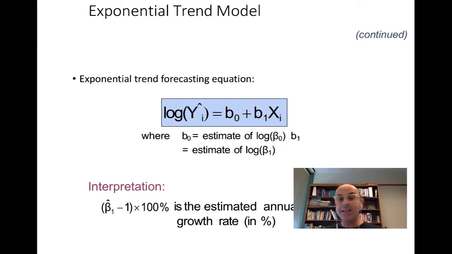What we have here is quite a lot of variables that we need to be aware of, where the B0 is the estimate of the log B0, the B1 is the estimate of the log B1, and the interpretation we need to do in the context of percentage, which is the estimated annual compound growth rate in percentage.